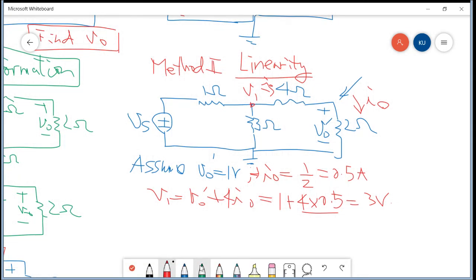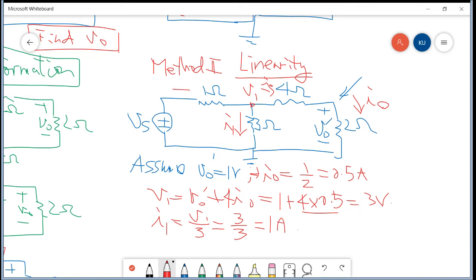In this case, we are able to know the current I1 is actually V1 over 3, so 3 volt over 3, which is 1A.